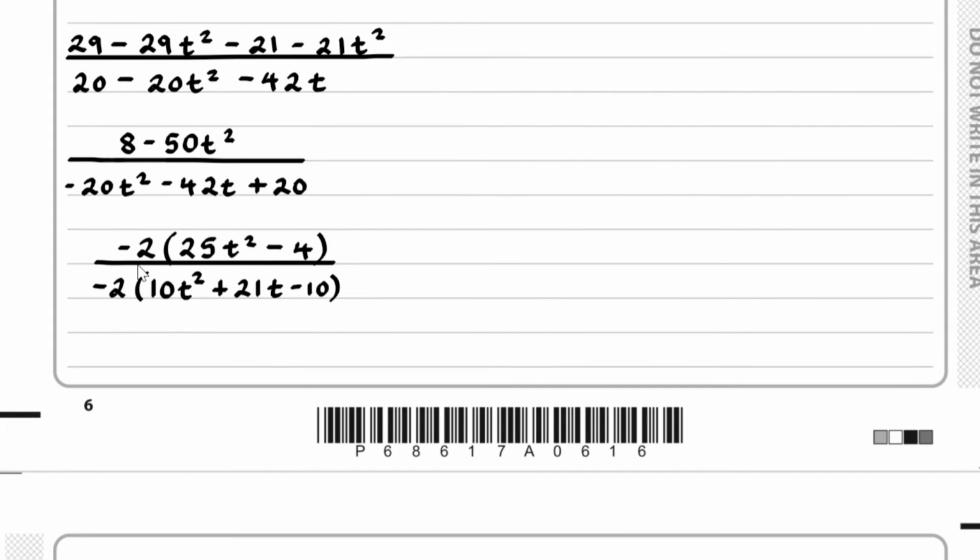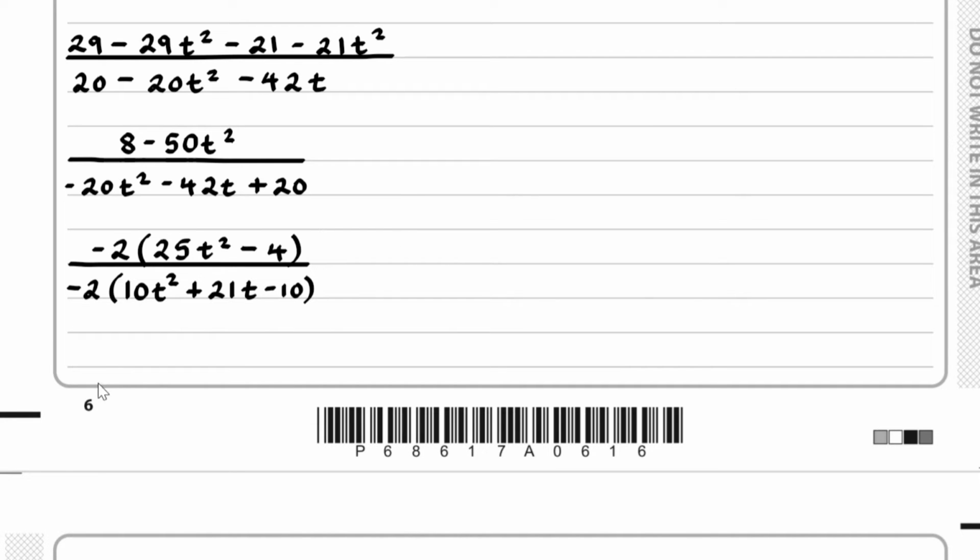Now the negative 2's simplify to 1 on the top and bottom, leaving us with 25t squared subtract 4 divided by 10t squared plus 21t subtract 10.